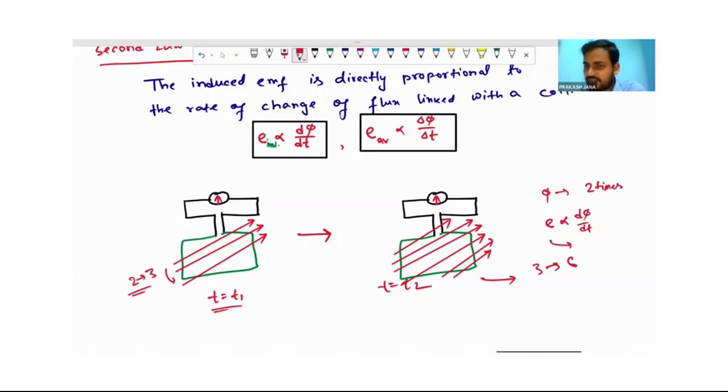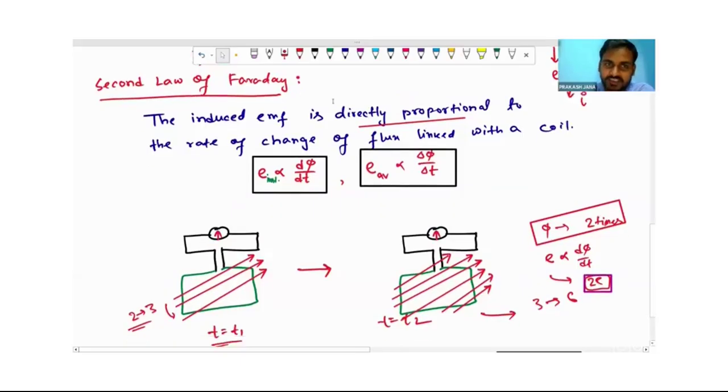So the EMF will also become 2 times. As the second law says, the induced EMF is directly proportional to the rate of change of the flux. So here the rate of change of flux is 2 times. So definitely the corresponding change in EMF will also be doubled. Okay, so this is all about the second law of Faraday.